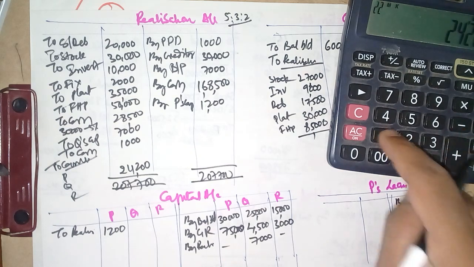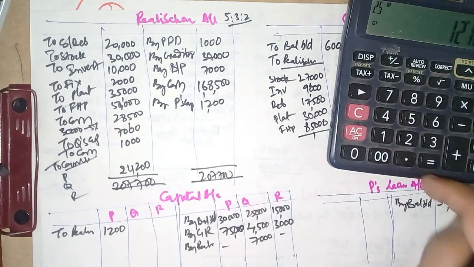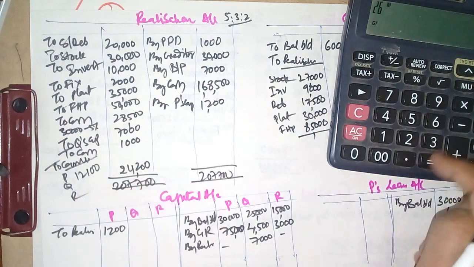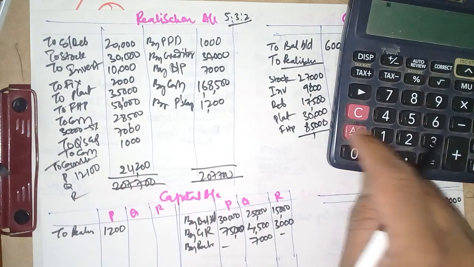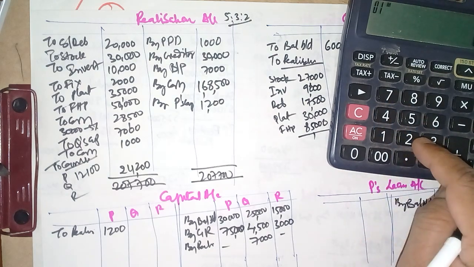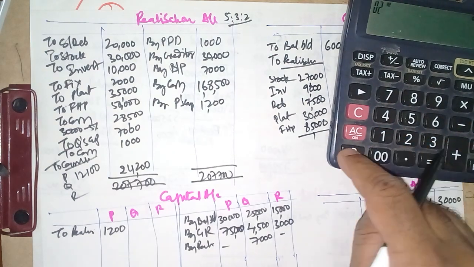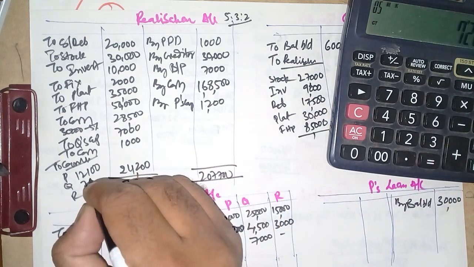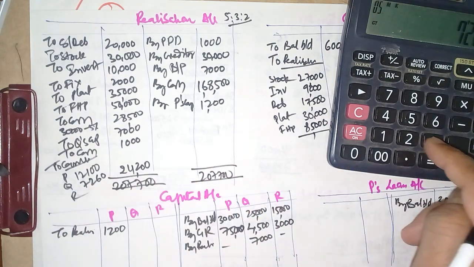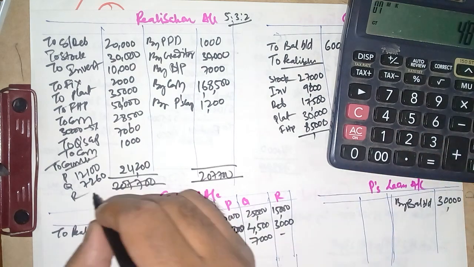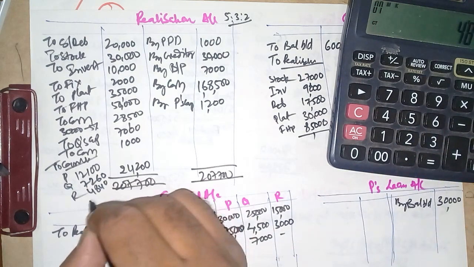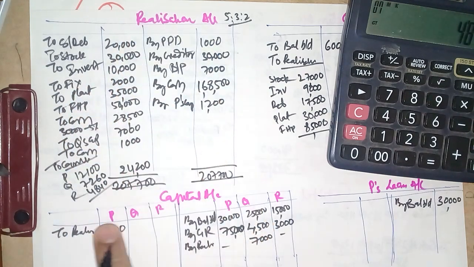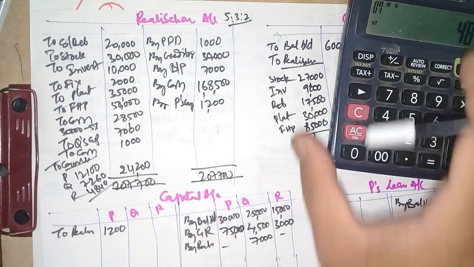So divided by 10, 12,100. So the total is 24,200. The next one is 7,260, then 4,840. Due to paucity of space I have written like this, but you need to allocate appropriate space in the examination and write it properly.